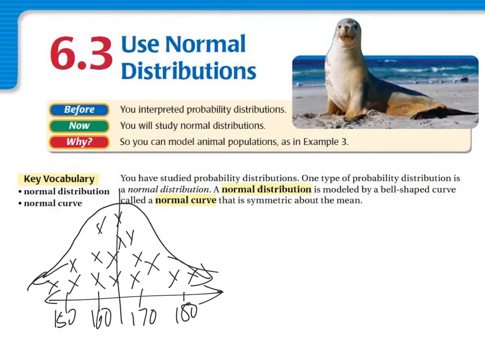So that would be something like height of people, or how quickly someone can get to school. Let's say all the students coming from the dorm getting to school. Let's say the average is about 4 minutes, and some people walk really slow, so 8 minutes, and some people, I guess, instantly get there.